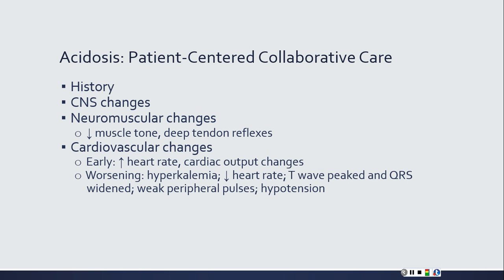All right, some of the signs you'll see are T-wave peaks, also QRS widening. And I know y'all haven't had the cardiac stuff yet, have you? You'll see that a little more, but these changes are pretty important. You've got to be aware of them. If nothing else, put them on a cardiac monitor. Okay, in most cases they're going to have that going. Look for weak peripheral pulses and also hypotension. Okay.